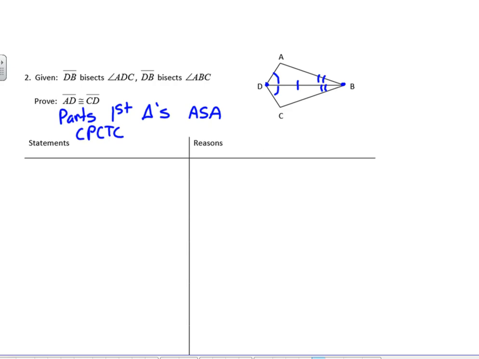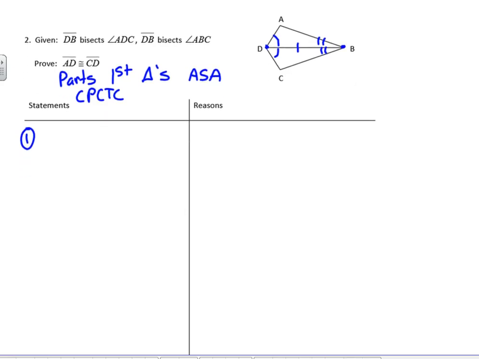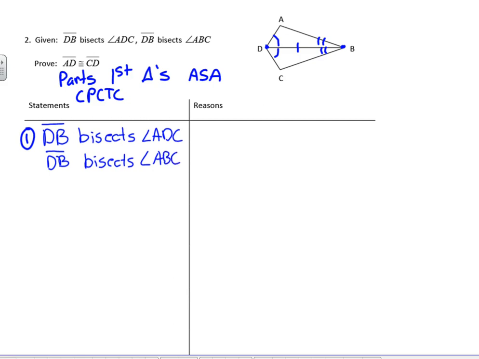But first, triangles. So let's go ahead and write this out. Execute our plan. Again, good idea to have your proof terminology sheet with you. So we've got DB bisects angle ADC, and DB bisects angle ABC, given.